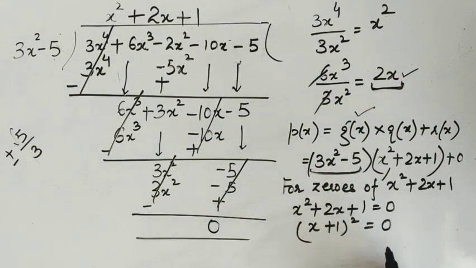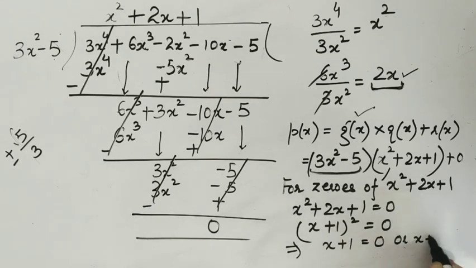X plus 1 whole square is 0. That means either this x plus 1 is 0 or another x plus 1 is 0. So x becomes minus 1 or x can be minus 1.